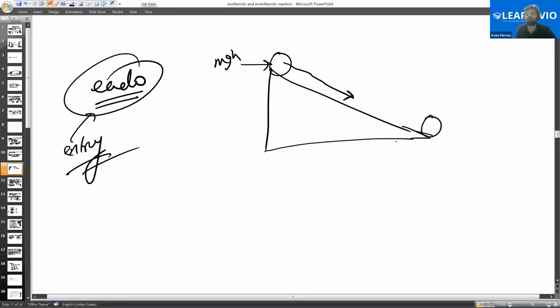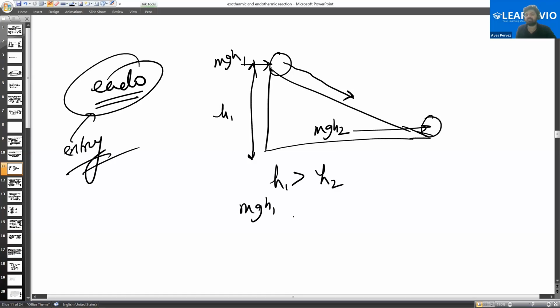When this ball comes down, the height h1 is greater than h2, indicating that mgh1 is greater than mgh2, that potential energy 1 is greater than potential energy 2.